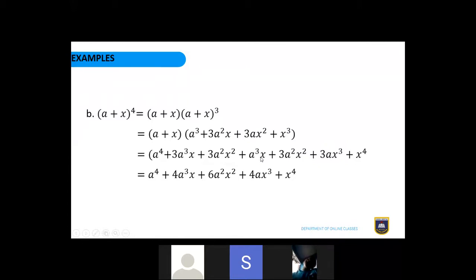Sir, but before that, A must multiply the last X cube. We've corrected that already.